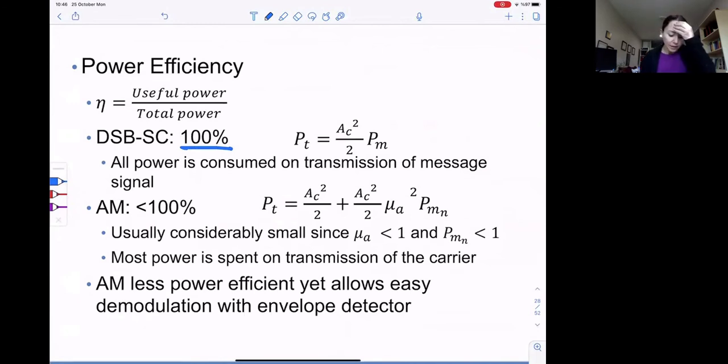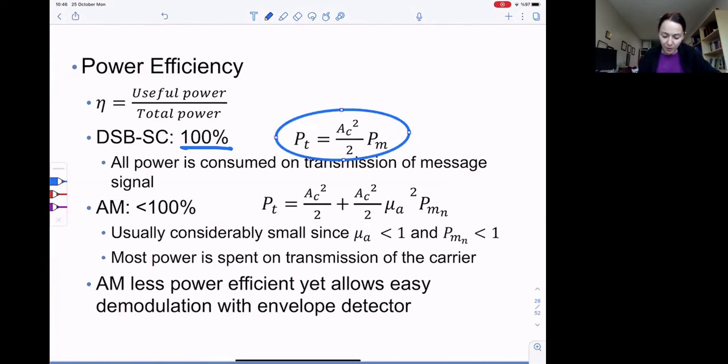Okay, that of course is under completely ideal circumstances, and does not refer to the efficiency of the whole transmitter receiver architecture. It just refers to the efficiency of the mathematical operation we're doing in this modulation scheme, because all the power is transmitted to send the signal.